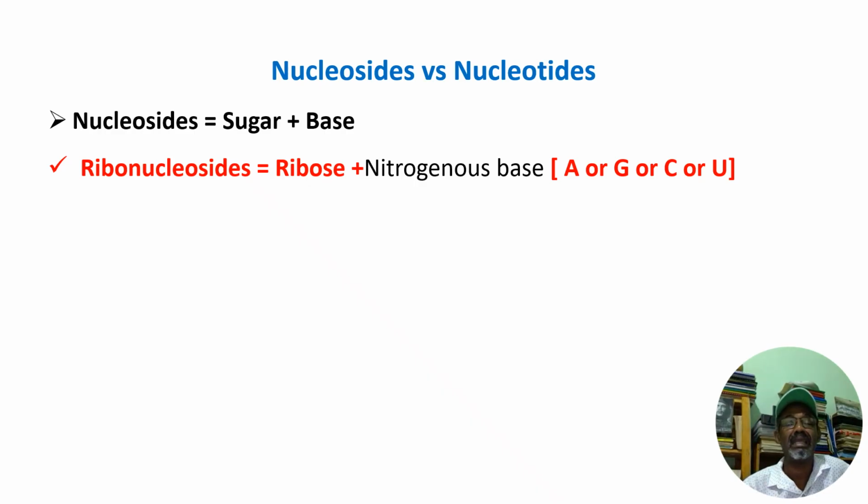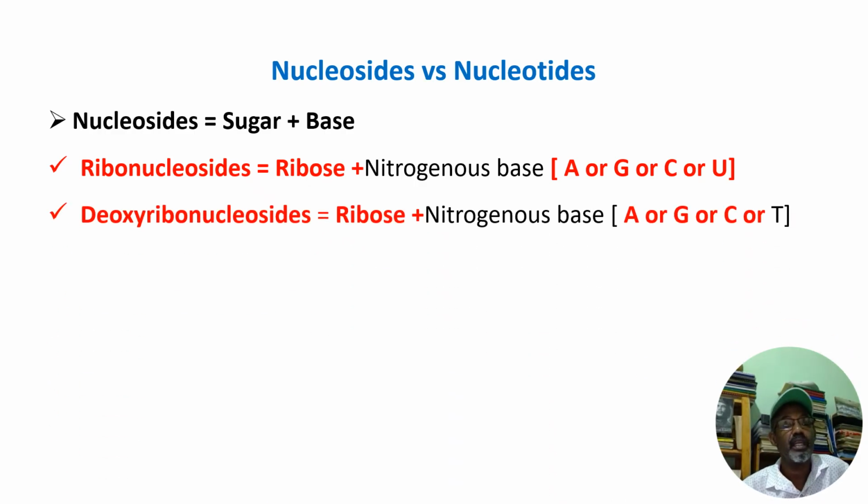For RNA, the nucleosides are known as ribonucleosides, which means the sugar is ribose plus nitrogen bases, either A or G or C or U. For DNA, deoxyribonucleosides. Sorry for this mistake, big mistake here.